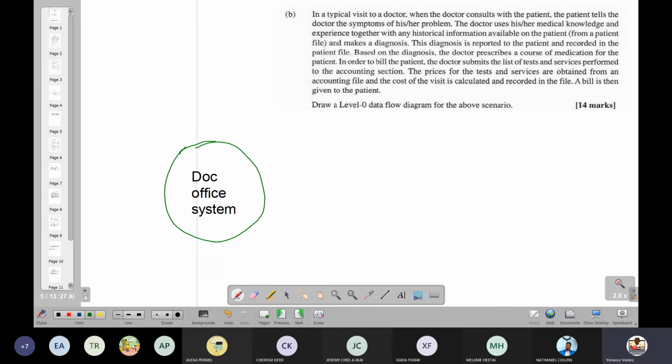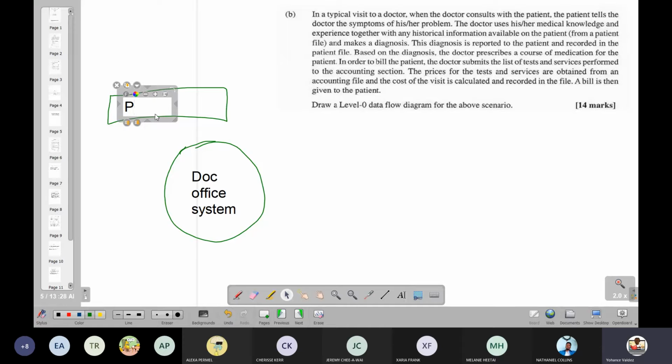Who is outside of the system? The patient is outside of the system, and the patient tells the doctor his or her symptoms. So we have a patient, and I know that we're not supposed to create this, but this helps, because that's why we say it's a context level system.